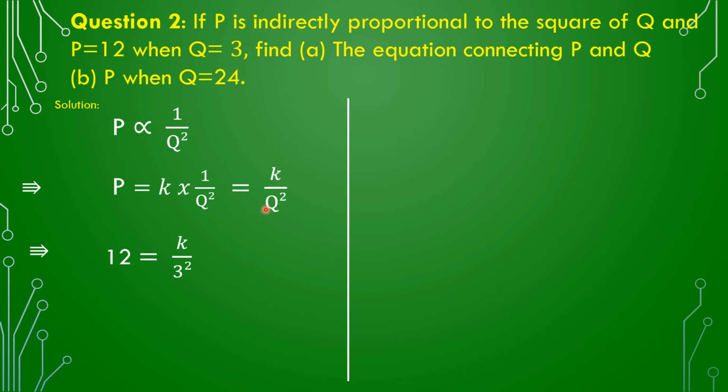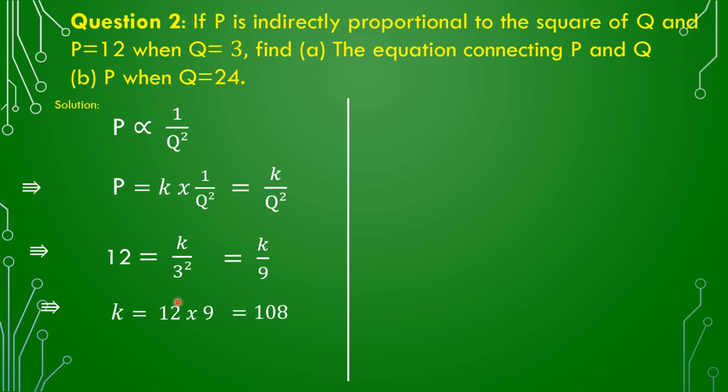When you insert the figures, we have that 12 is equal to K divided by 3 squared, which is equal to K divided by 9, because 3 squared means 3 times 3, which is equal to 9. When you cross multiply, we have that K is equal to 12 times 9, which is 108. So now we have gotten the constant of proportionality.